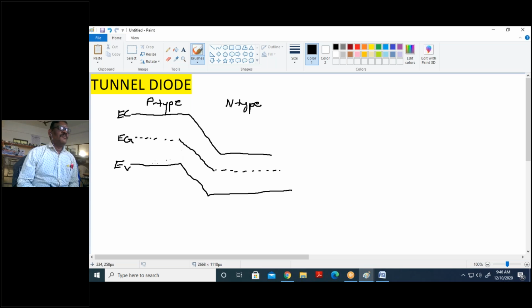In valency band, P-type material, majority holes. In N-type material, majority electrons.